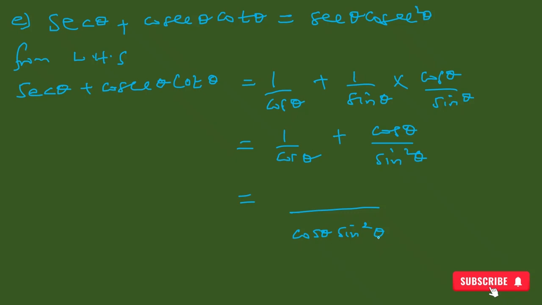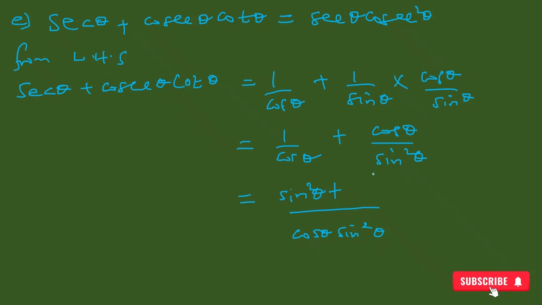When we divide this denominator by this denominator, we remain with sine squared theta times the 1 here. We are manipulating fractions. The LCM divided by this, the sine squared theta goes, remain with cos theta.